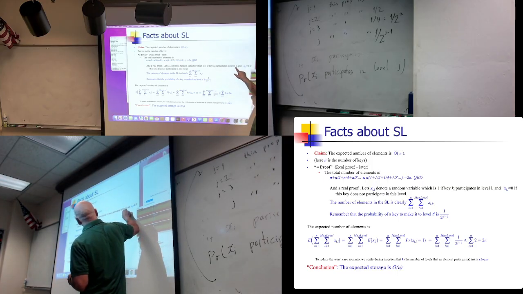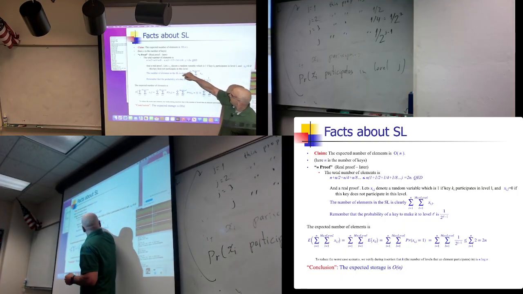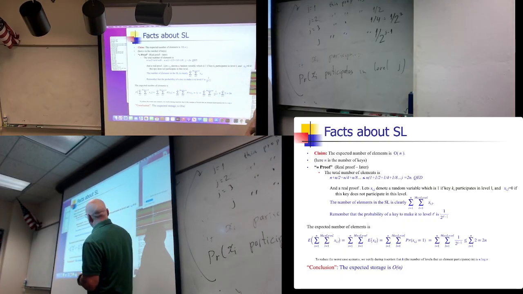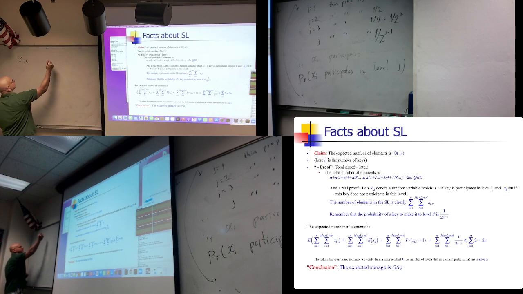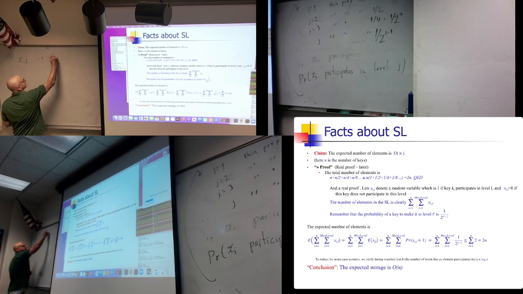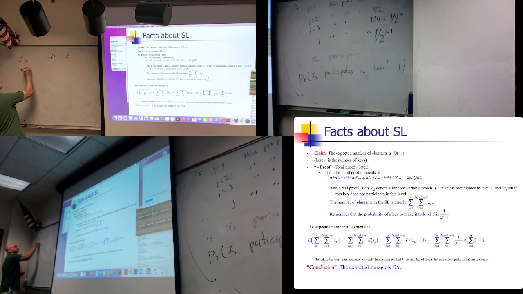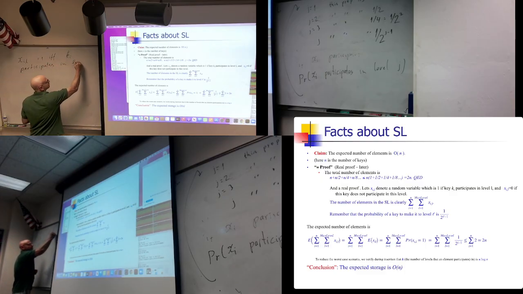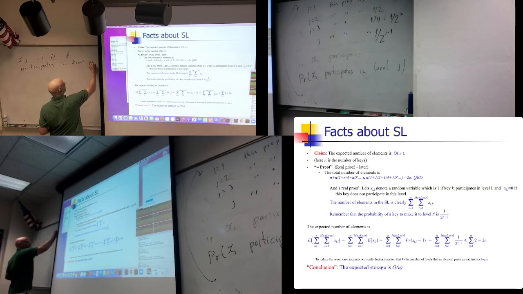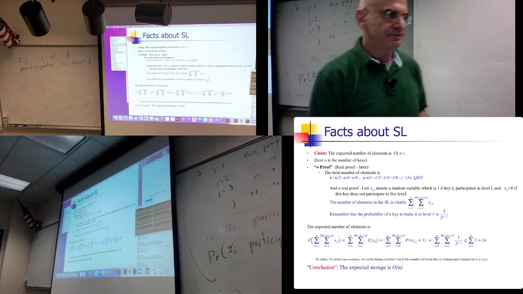In level L, it's a bad font. xil is a participate, that xi participates in level L, if and only if xi participates in level L.